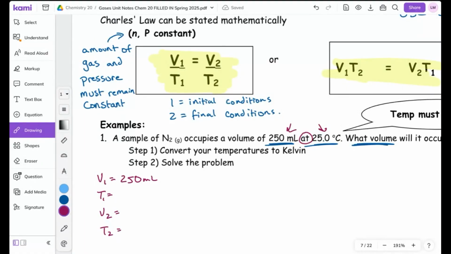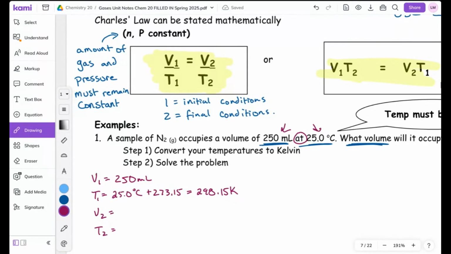Because they come first, I'm going to say they're my initial conditions. So 25.0 degrees Celsius. Now I need to convert that into Kelvin, so I'm going to add 273.15, and that's going to give me 298.15 Kelvin. I'm not going to worry about sig digs here because this is not a final answer.